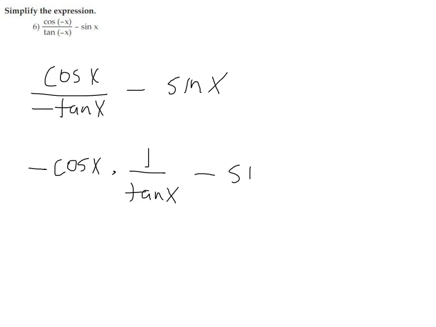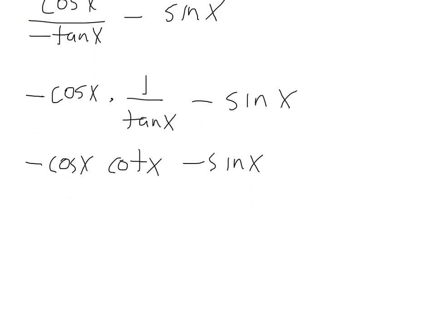Not any different as far as it's still equivalent, but 1 over tangent x is cotangent x. And cotangent is cosine over sine, so we have minus cosine x times cosine x over sine x minus sine x.